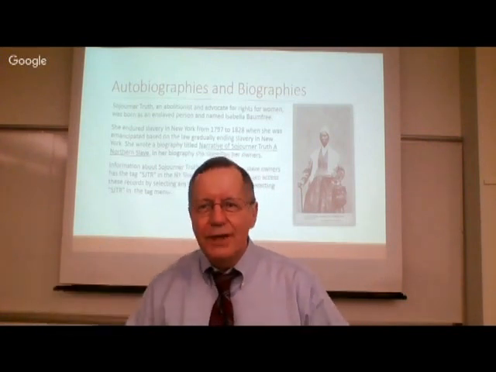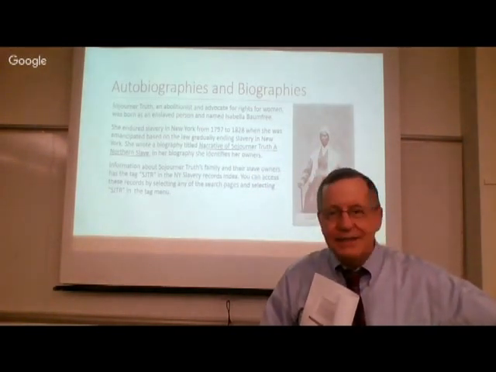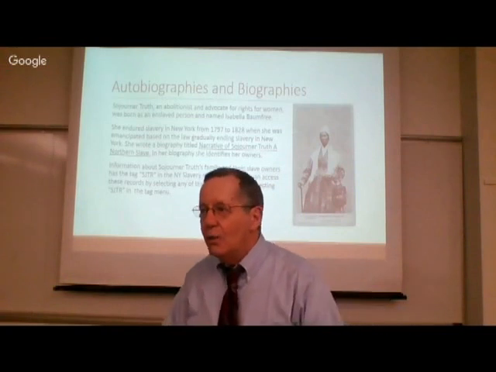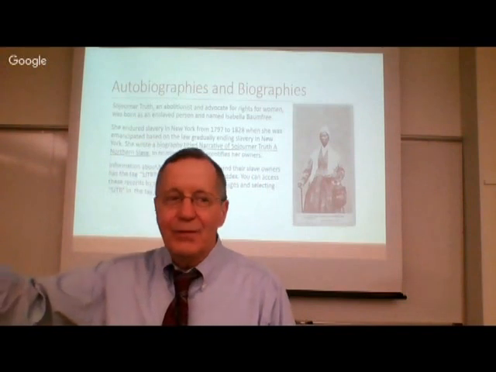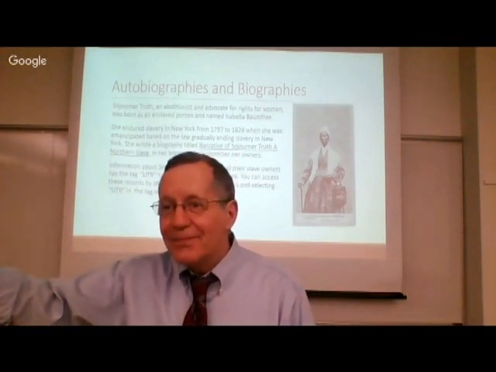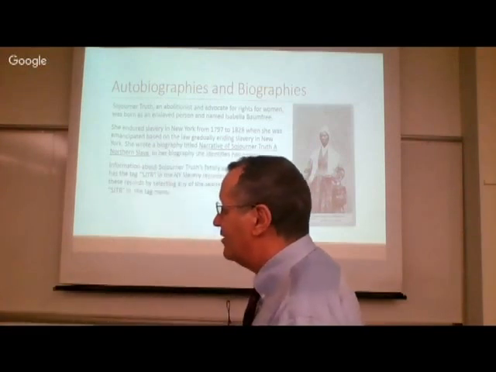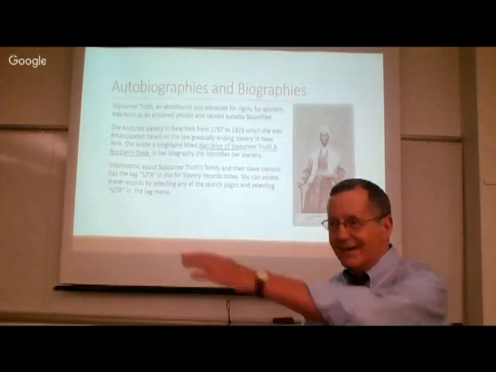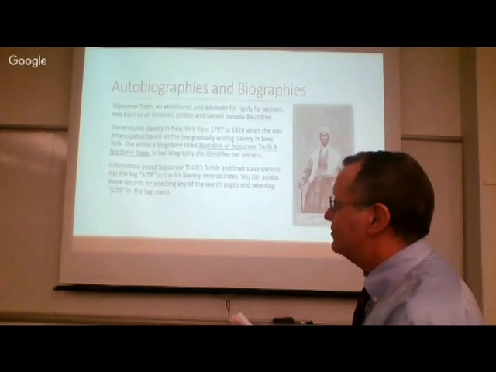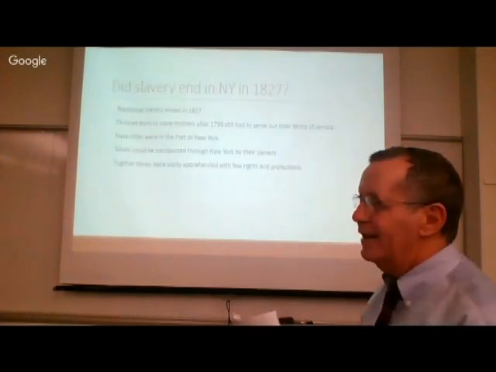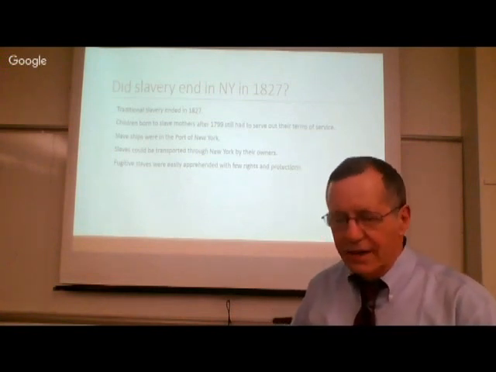It's the first time that we can take it all the way from a slave ship in the 1700s all the way through to people who are alive today. And several years ago, they went to visit President Obama. So I think Sojourner Truth would be pleased to know that her family made some progress. Next, okay. Now, the question is, did slavery end in New York in 1927?